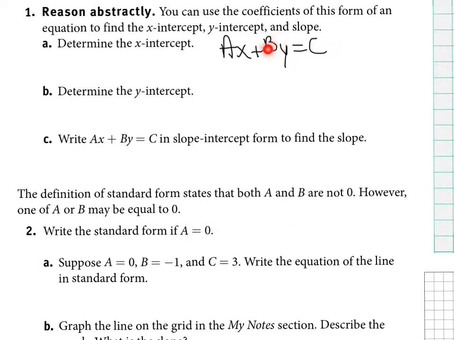I can cross it out. And so now I'm left with just ax equals c. Divide by a, divide by a, x equals c over a. It's pretty simple. When I'm finding the x-intercept, I cross out the y.